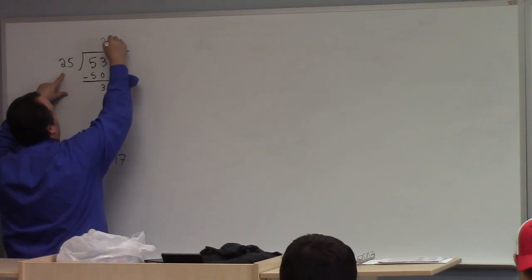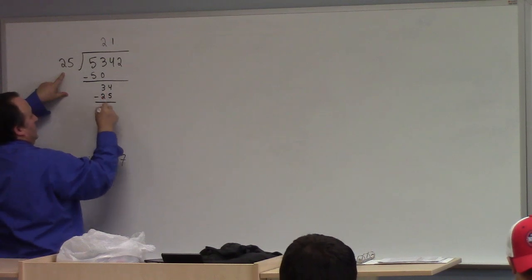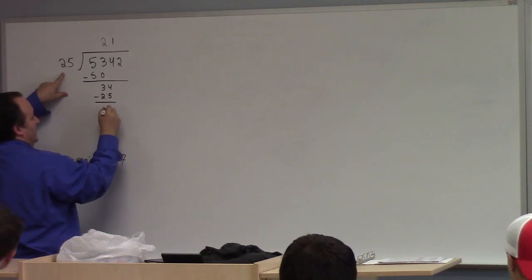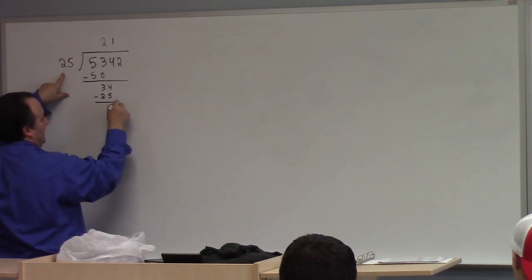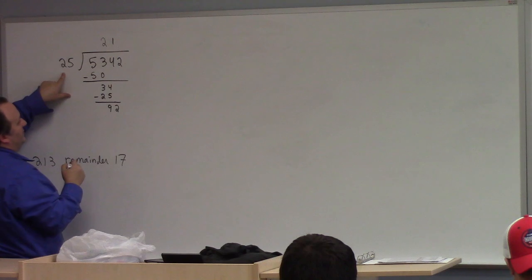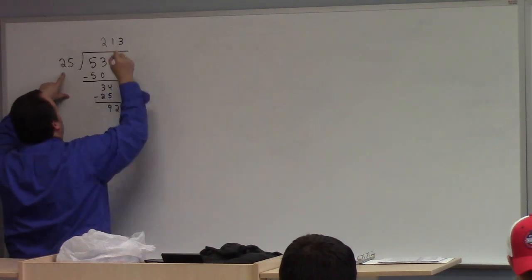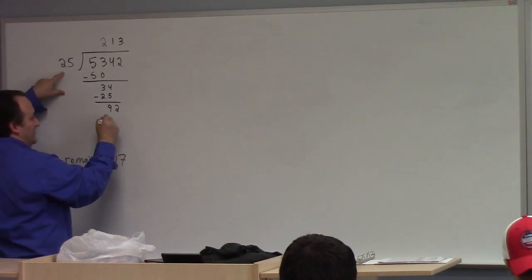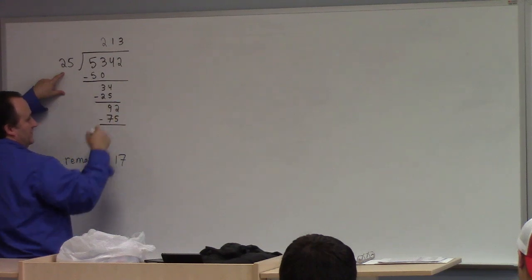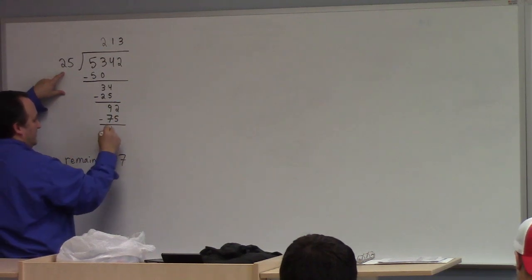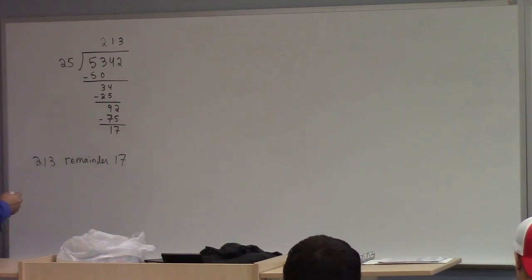Just once. So I subtract 1 times 25, also known as 25. 34 minus 25 is 9. I bring down my 2. All right. How many times does 25 go into 92? 3. Michael, this is looking good. 3 times 25 is 75. All right. I subtract it, and I get what? 17. Hey, cool. Very good, Michael.